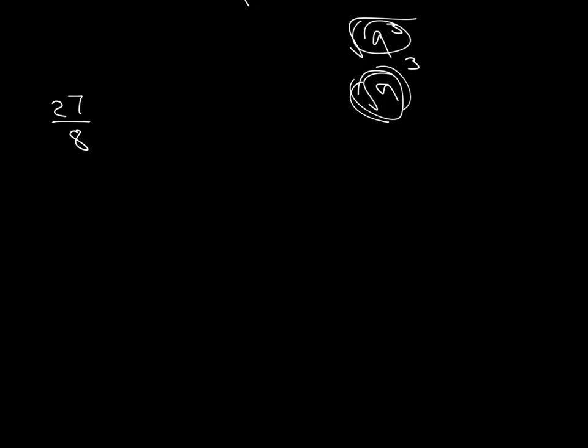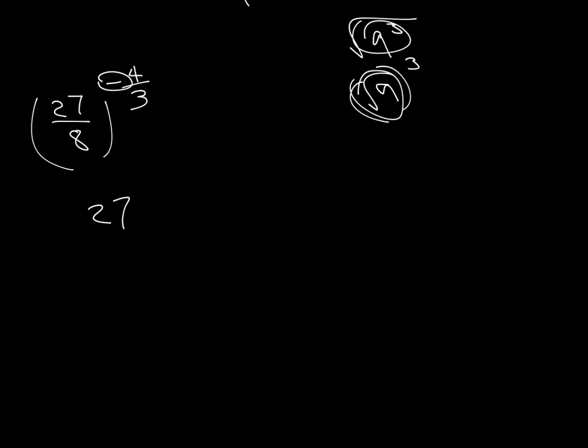27 over 8 to the negative 4/3. Alright, so, golly, our negative sign means that both the 27 and the 8 are in the wrong place.